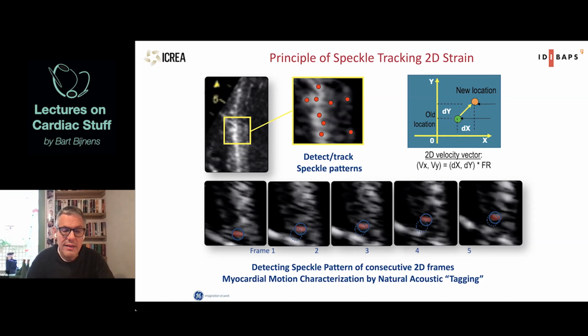So there always is an angle dependency, and it's always much easier to follow speckles in the direction of the beam than perpendicular to the beam. Now, but it's of course much less of a problem as compared to Doppler.